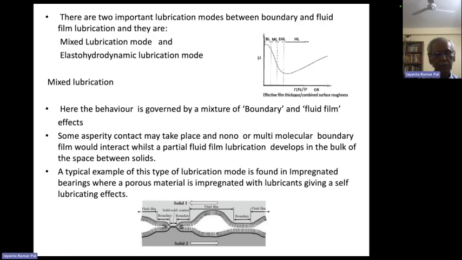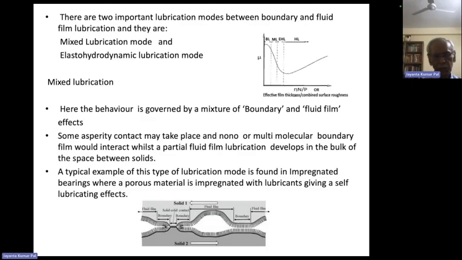A typical example of this type of lubrication mode is found in the impregnated bearing. Impregnated bearings are usually made of porous material impregnated with lubricants, giving a lubricant reservoir. In this type of material, the pores are used as lubricant reservoir.